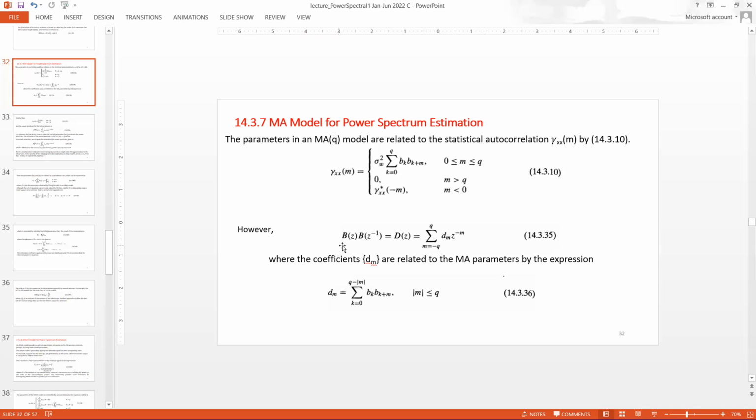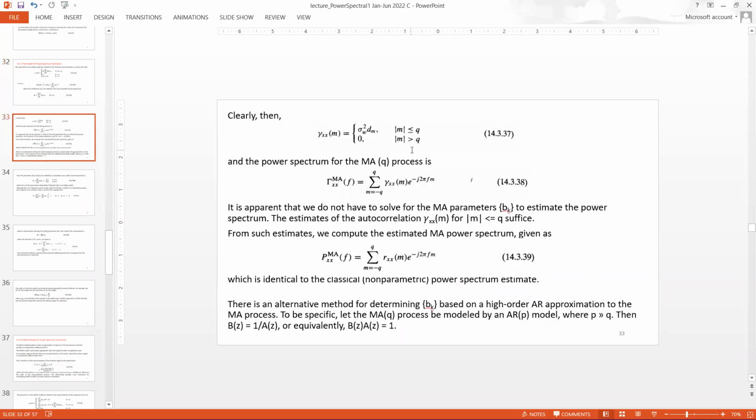যদি আবার আমরা আরেকটা ইকুয়েশন বা রিলেশন দেখি, that is beta z and beta z inverse equal to bz, যেখানে equal to a, যেখানে আমাদের dm প্যারামিটার equal to this. তো এখান থেকে আমরা যে এক্সপ্রেশনটা পাই যে গামা xm equal to sigma omega square dm or 0 for this condition.